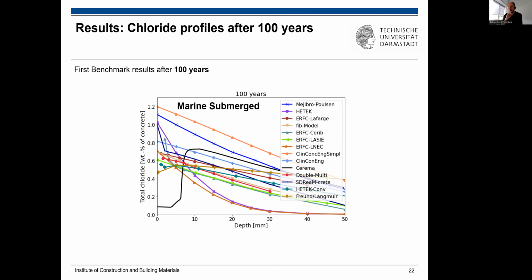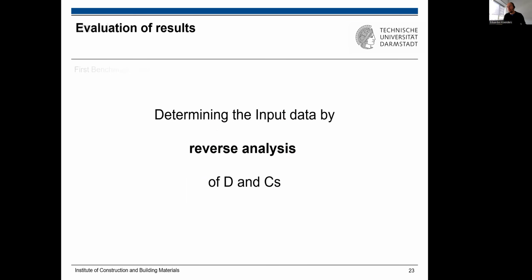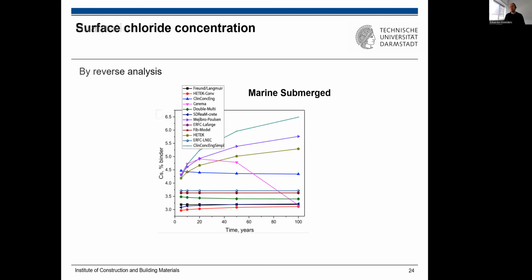different from each other? That is what we were asking ourselves, and then we had the idea to do a reverse analysis. So we took all the data we collected, and we did a reverse analysis to see what the input was. I told you before, you can control the output by the input. So from that reverse analysis, we got these results.